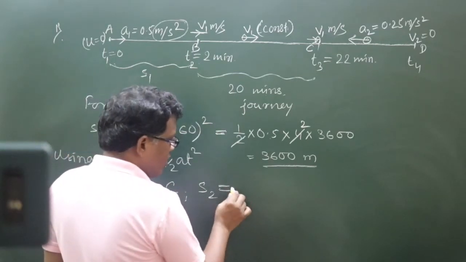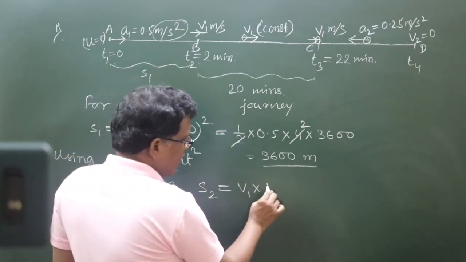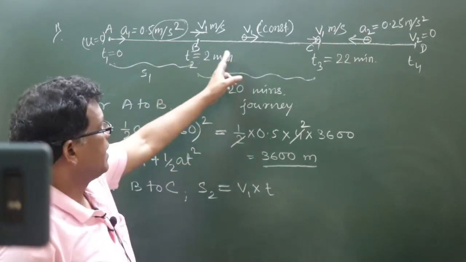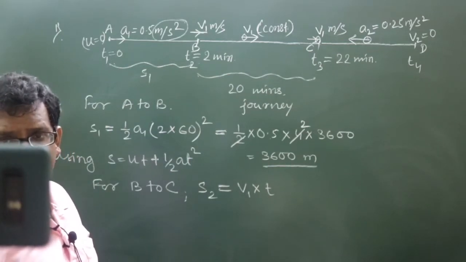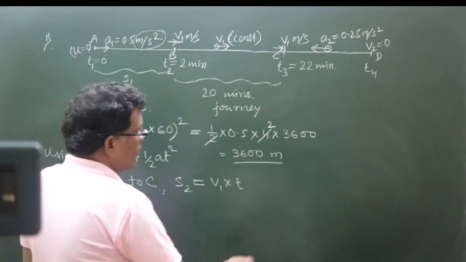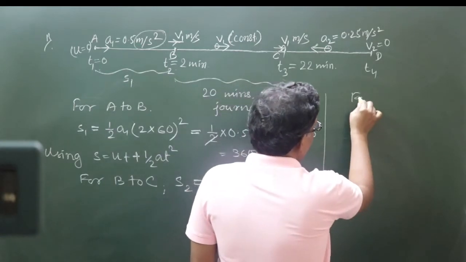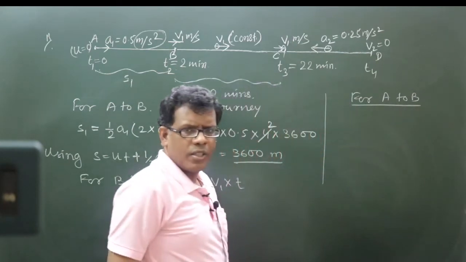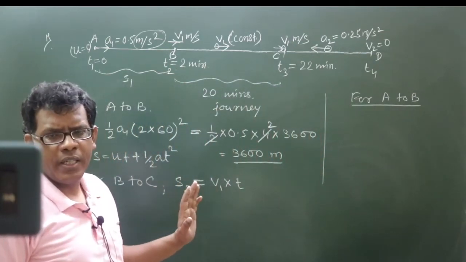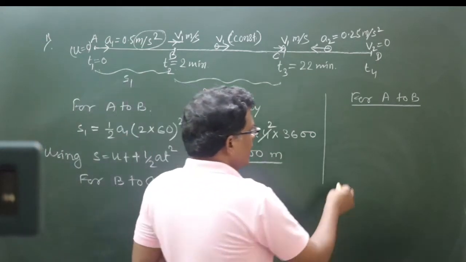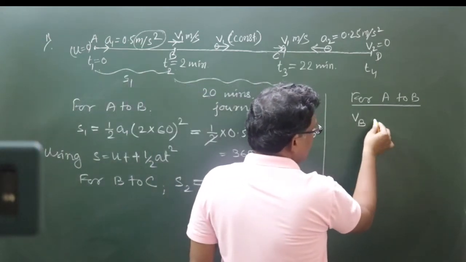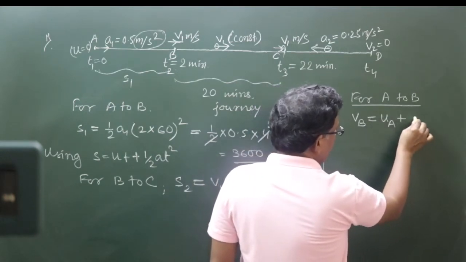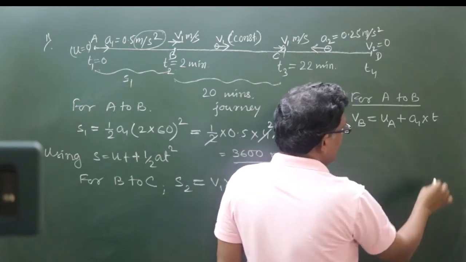When a particle moves under constant velocity, we write velocity into time, but we do not know what velocity is maintained between B and C. We can calculate it from the first part, A to B. Since the train was accelerating from A to B with a given acceleration, the velocity at the final end of the accelerated motion is equal to the initial velocity at the starting point plus acceleration into time of the journey.